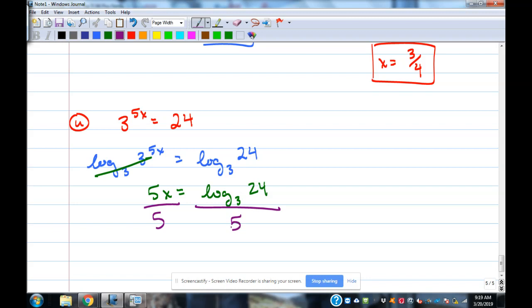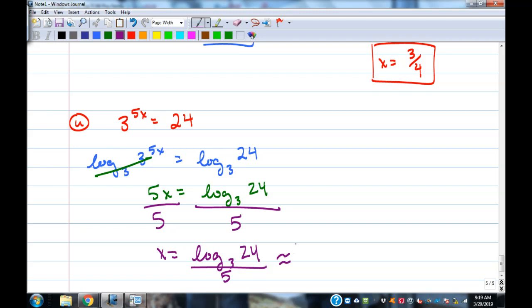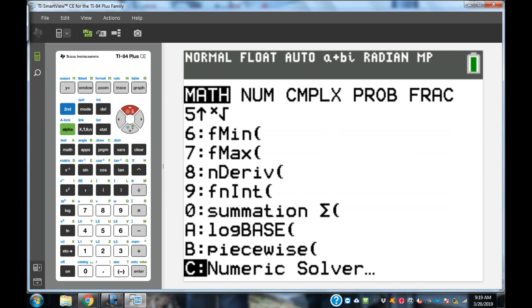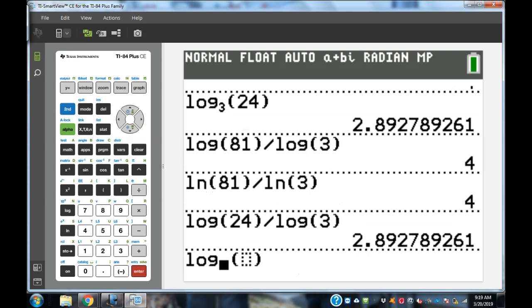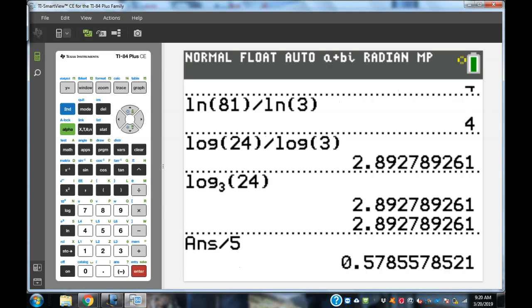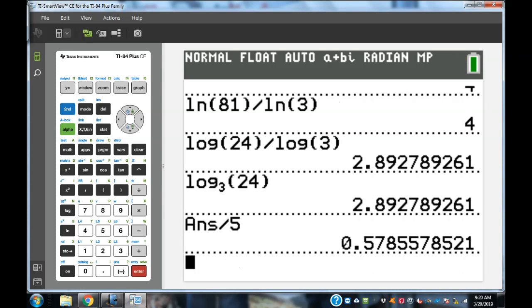The exact solution is log base 3 of 24 over 5. And then we could work that out with a calculator if we needed to. So we could do log base 3 of 24, get that answer, divide it by 5, and there we get the decimal approximation for that. So 0.5786.